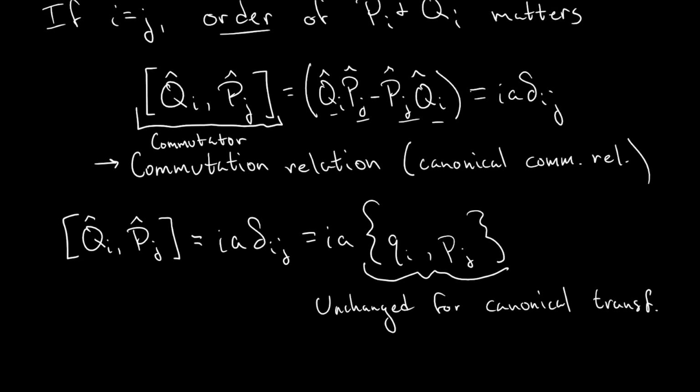So whenever I make a canonical transformation, this Poisson bracket doesn't change. And so that's how this gets its name of the canonical commutation relation. And this is straightforward enough to prove. I mean, it's about a line, but I won't get into it here because I want to move on. Keep going.